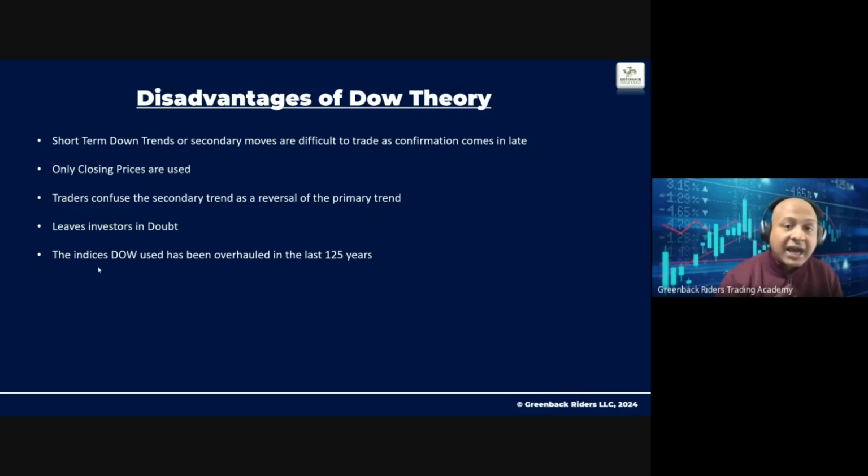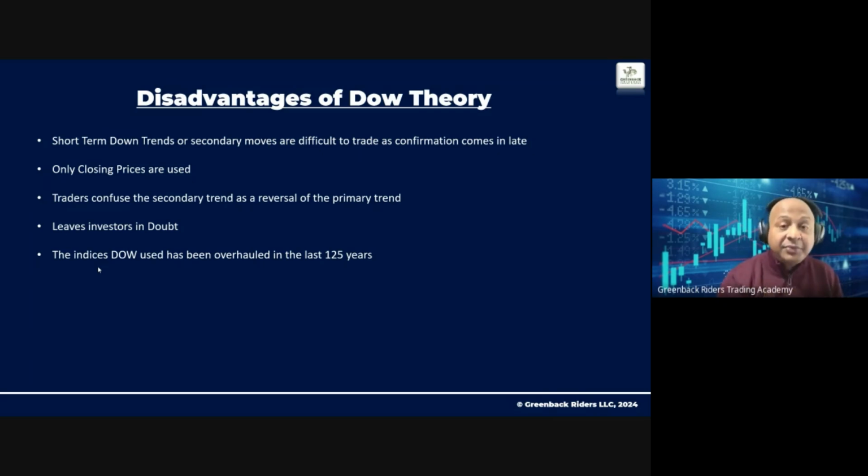So these are the different phases which are already defined by these theories of Dow, and we still continue to use the same theories over and over again on a regular basis, on multiple time frames, on different instruments, different markets, right? And the same concept applies everywhere.